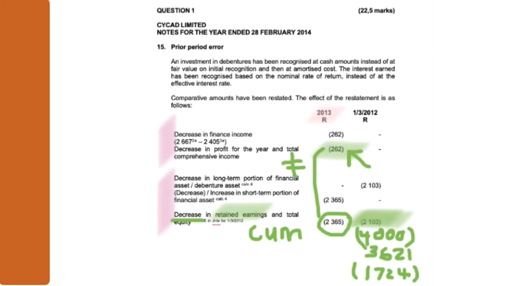That is period specific, one period. Retained earnings is a balance. A balance is cumulative. It cannot show only the change of the current period. It needs to show the effect of all changes due to correcting this prior period error. Everything together cumulatively.